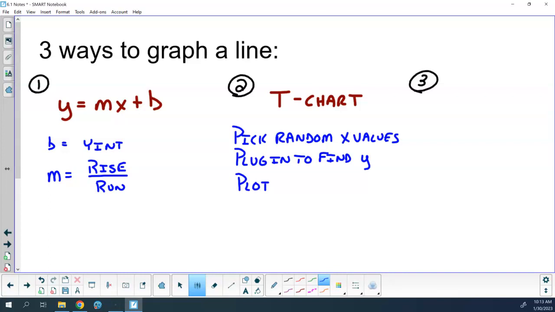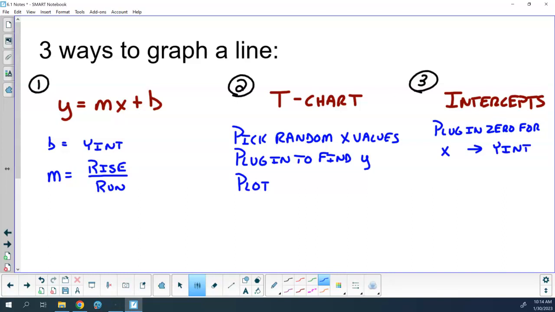Okay? The third one, I expected you two to get those two. The third one is the least used of the methods, so I'm not fully expecting you to get it yet. You can always graph a line using its intercepts. You plug in 0 for x, you get the y-intercept.